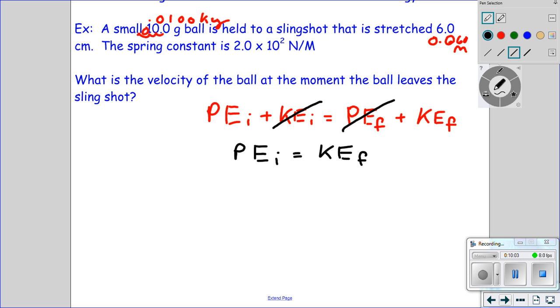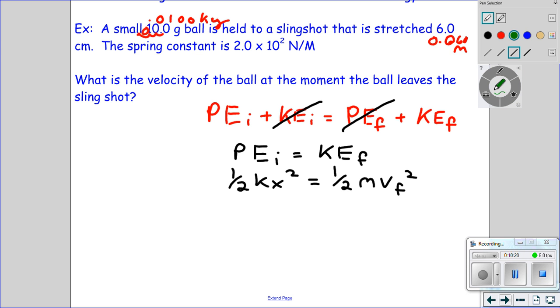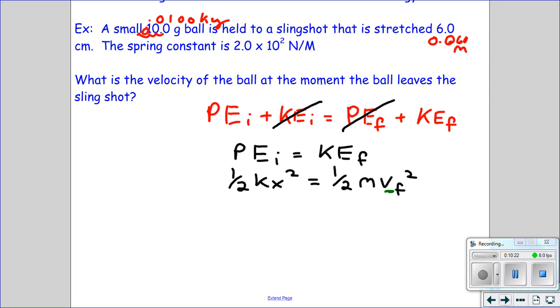So what I'm going to do here is write out 1/2 kx squared, and the final kinetic energy is going to be 1/2 mvf squared. I want to find, in this case, final velocity. I'm going to rearrange this equation to isolate final velocity.